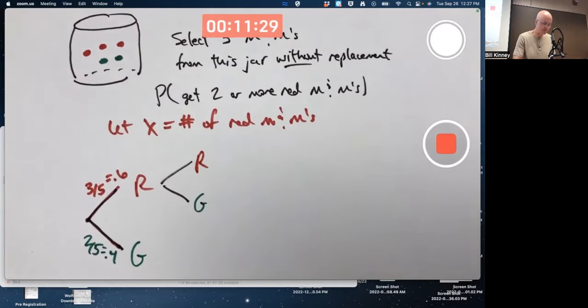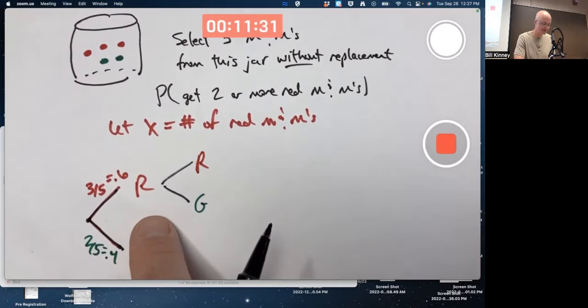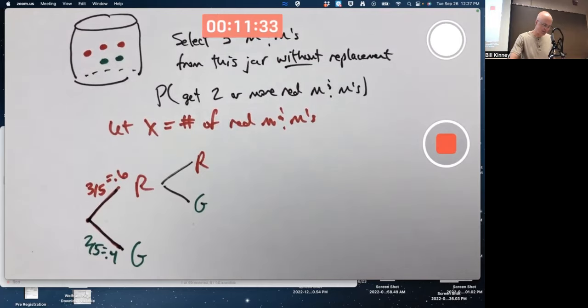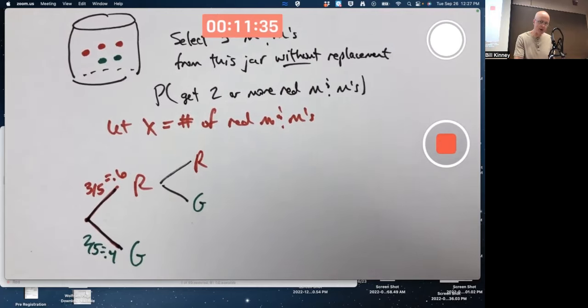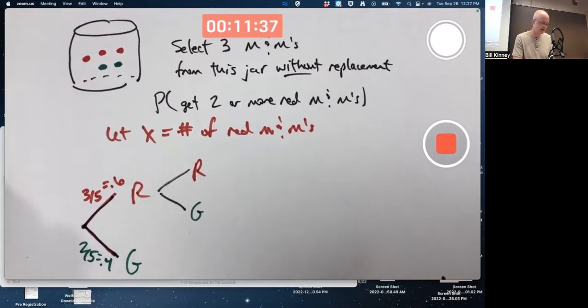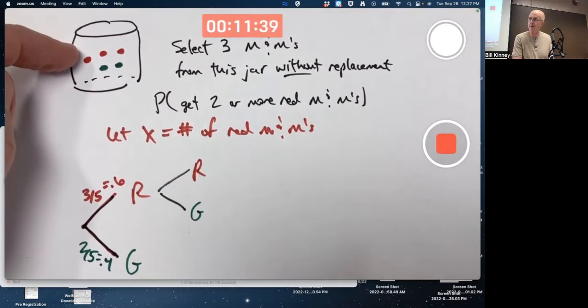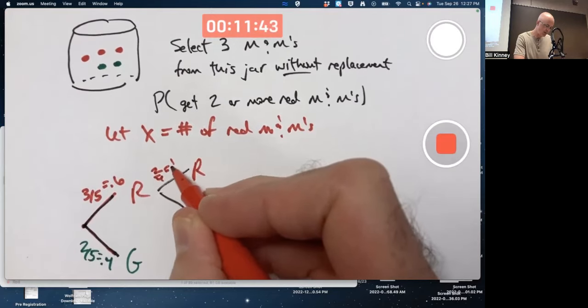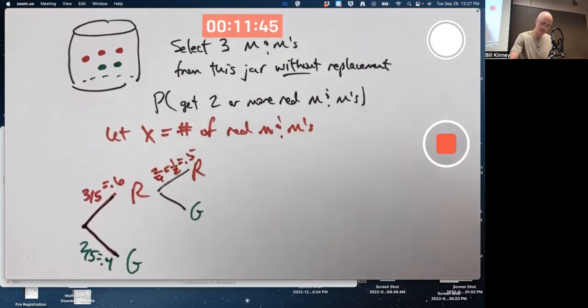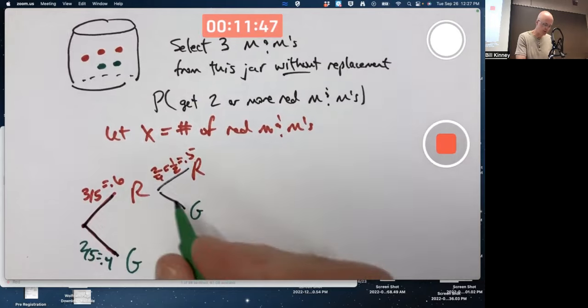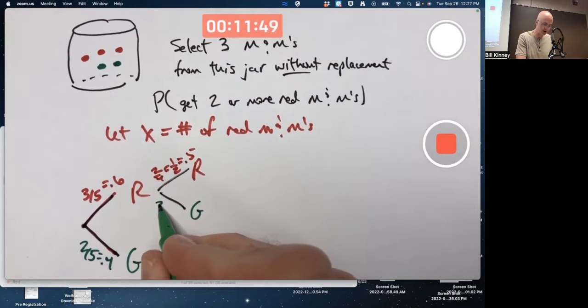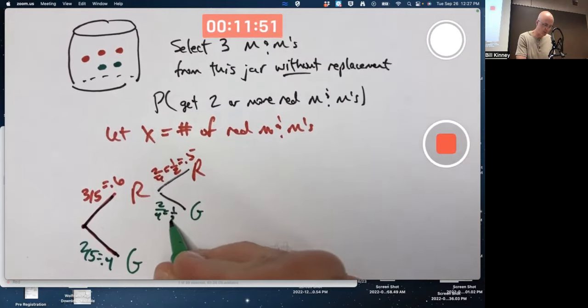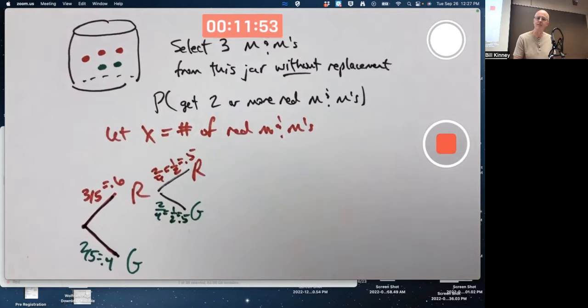If you got a red the first time, success, the probability of getting a red the second time goes down because you took one of those reds. Now there's only 2 out of 4 left. 2 out of 4, 1/2, or 0.5 is your probability of red. Your probability of green in that case, that conditional probability, is also 0.5.